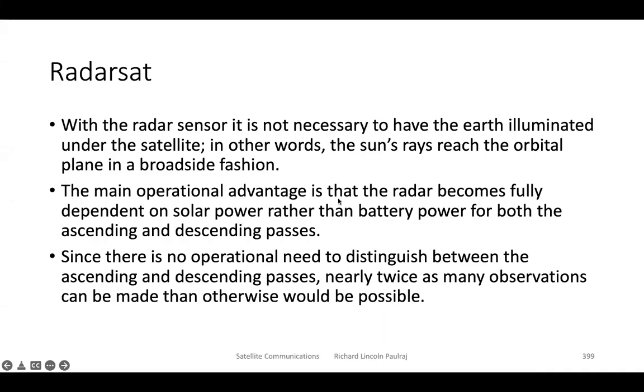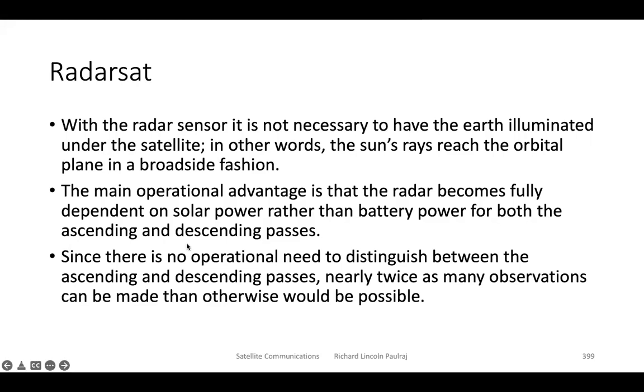The main operational advantage is that the radar becomes fully dependent on solar power rather than battery power for both ascending and descending passages. So the solar cells can always be utilized, because it's in the vicinity of the sun's rays, and they almost never have to use battery power, which is really good.